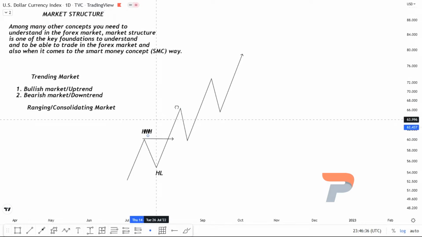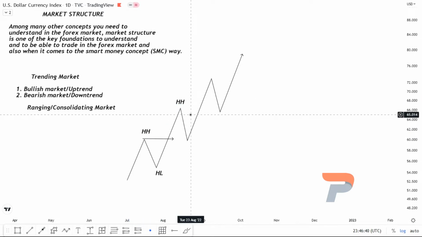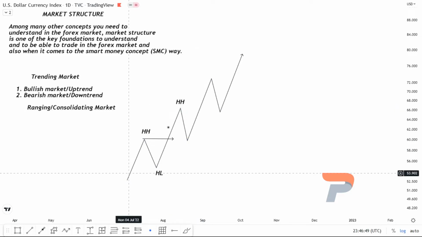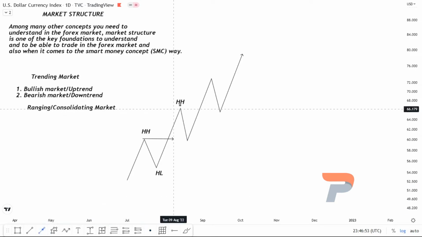So now we have a new higher high here. For the market to continue its bullishness, its uptrend, it needs to break this particular higher high. So the market traces back, then again breaks our higher high.